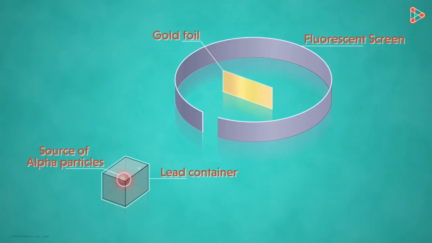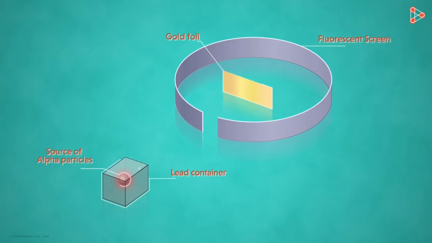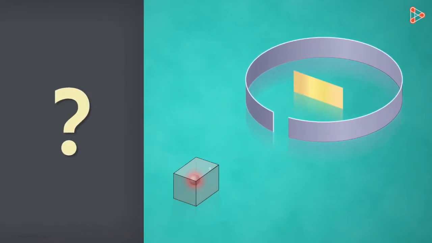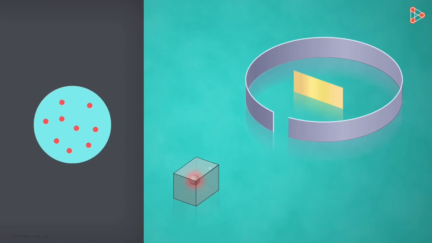Now we're all set to understand how the experiment worked. The alpha particles were emitted from the element present in this box. These directly hit the gold foil. Now what should happen ideally? As we know, Thomson's model suggested that an atom is a sphere of positive charge with negative electrons embedded inside it.